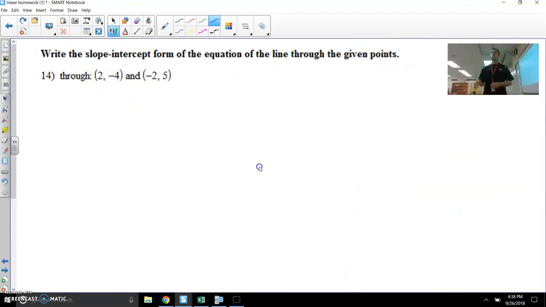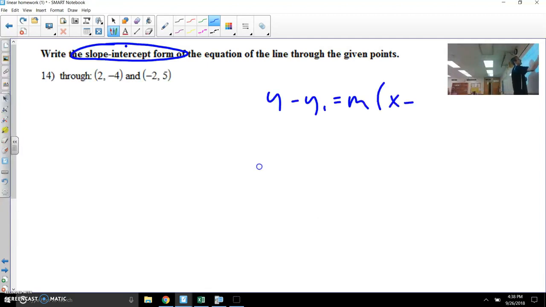Last one, this combines two separate ideas. You have to write the slope-intercept form of the line. Well, with point slope, you have to be able to tell what the slope is. And if they don't tell you the slope, given 2 points, you'll have to calculate it.